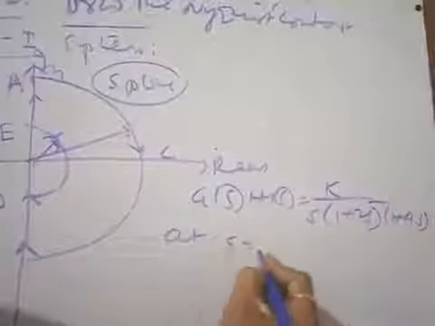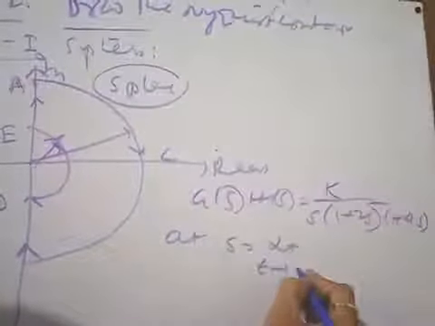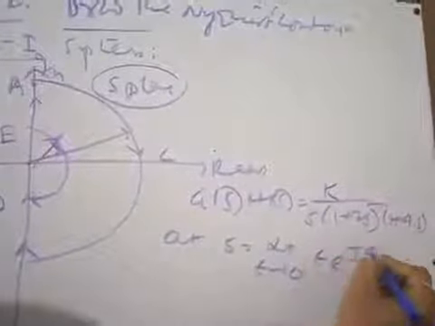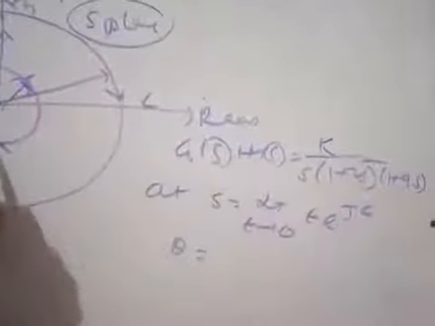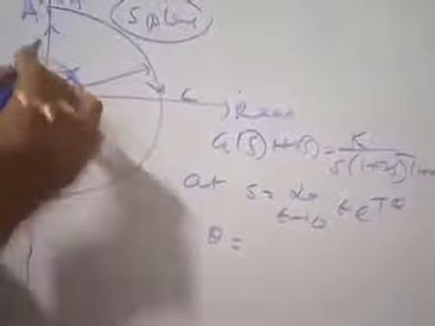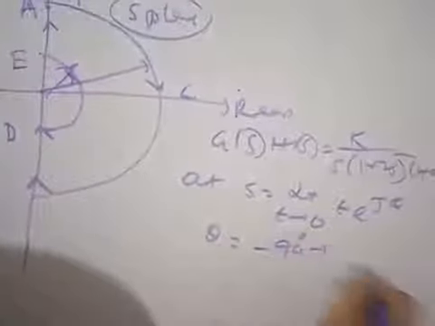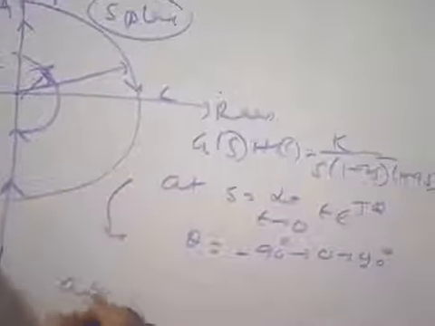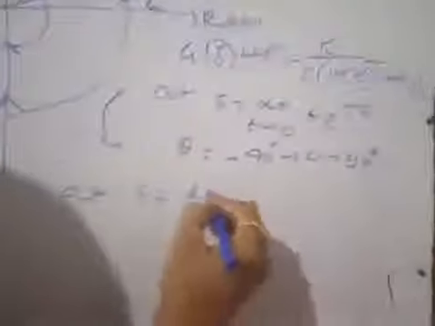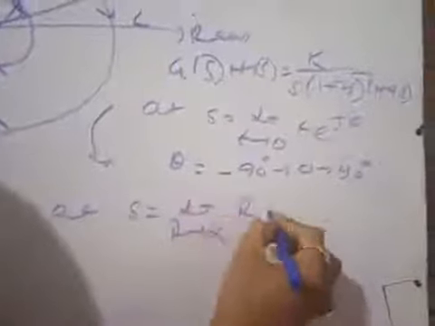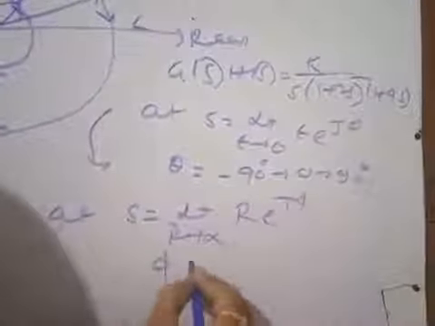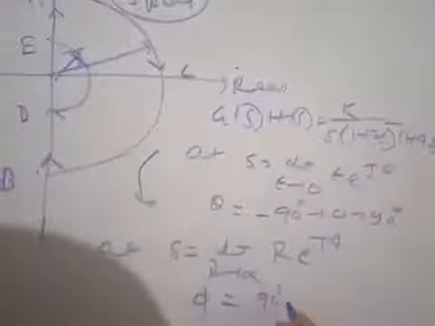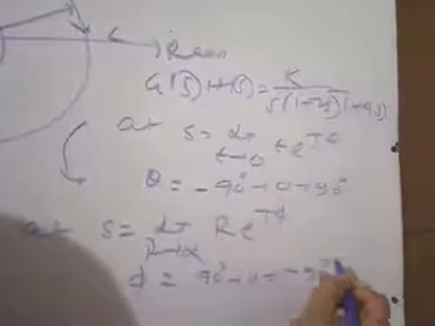At s equal to limit epsilon tends to 0, epsilon e to the power j theta, where theta varies from minus 90 degree to 0 degree to plus 90 degree, and another point at s equal to limit r tends to infinity, r e to the power j phi, where phi varies from this point to this point. That means 90 degree to 0 degree to minus 90 degree, right? So this is the second step.